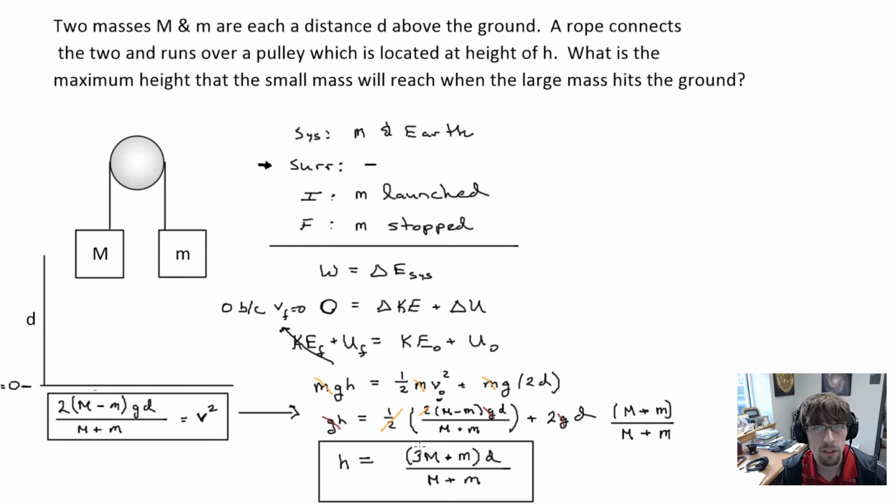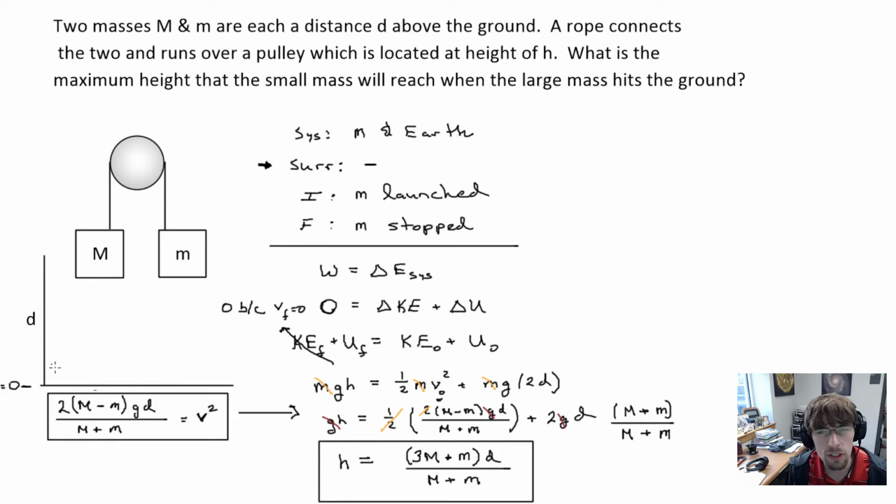How much energy did you have to start off with? Well, that's dictated by the initial gravitational potential energy for the arrangement that's shown on the figure here. That's the amount of energy, and it doesn't matter what else you do. That's the fixed amount. So it does seem reasonable that your final height would also depend only on those parameters, m and d.